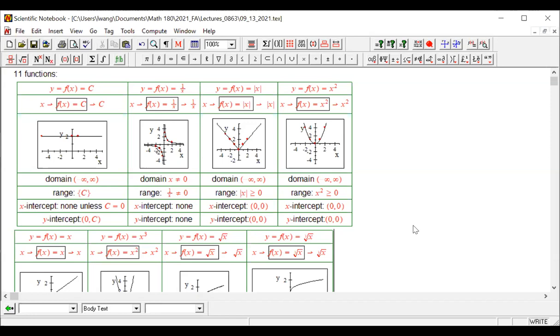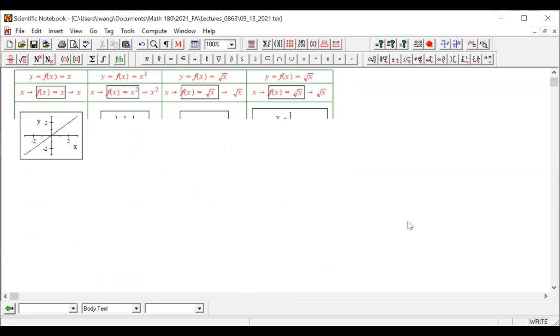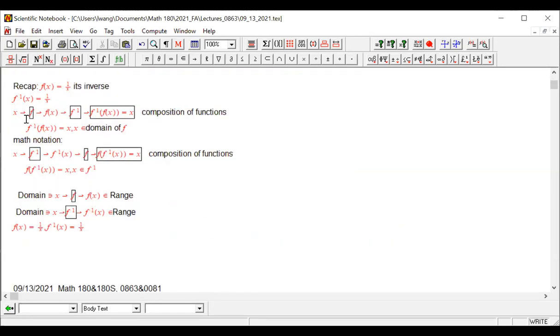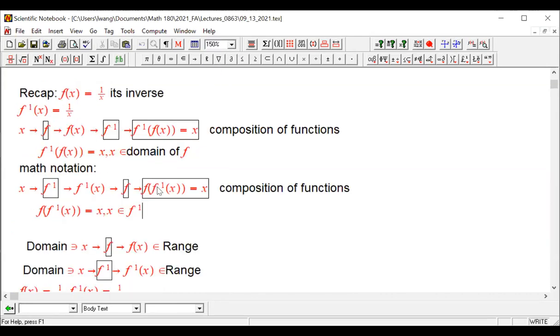We only work with functions that have an inverse, and they do similar operations like this. x belongs to the domain of, let me write it down, I need to complete the sentence. x belongs to the domain of that.